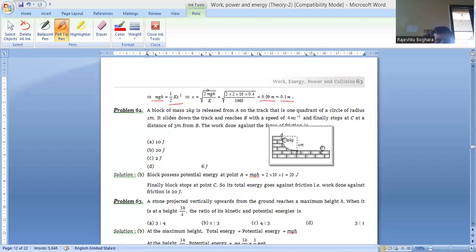Then mgh is converted into frictional work, so work done against the friction is 20 joule. Clear? So here the energy is mgh, here 1/2 mv², here the energy is 0. So the work done by friction, how much is it? The energy converts to 0, so it will be 20 joule.